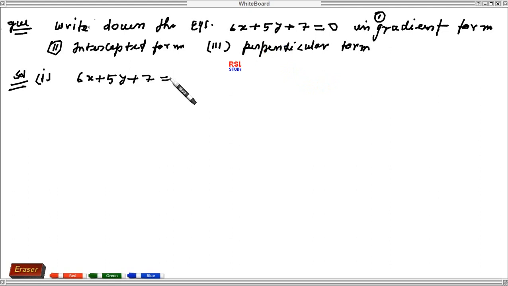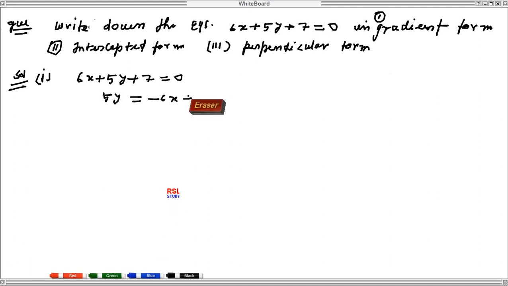Firstly we rewrite the question, and convert it into gradient form. The gradient form is nothing but y equal to mx plus c. So we will convert this into y equal to mx plus c.